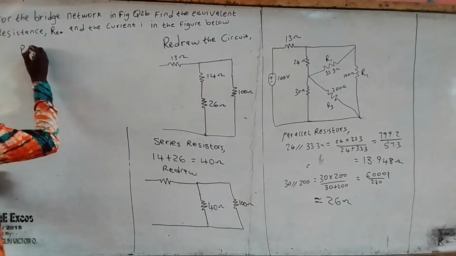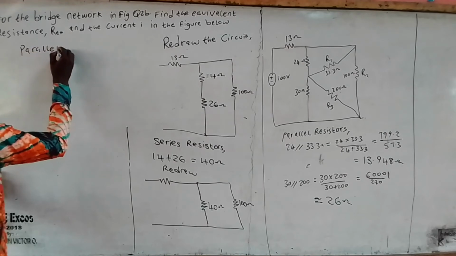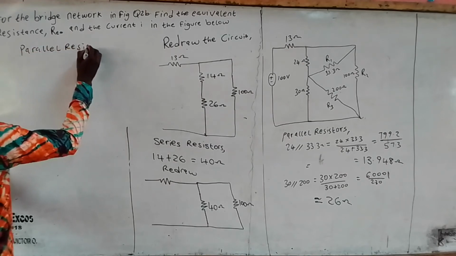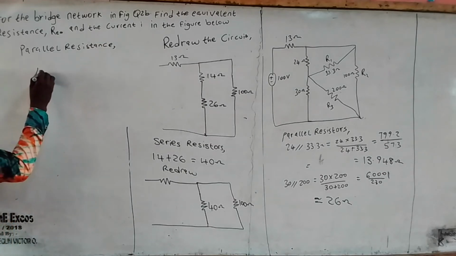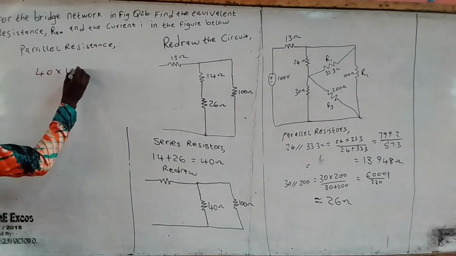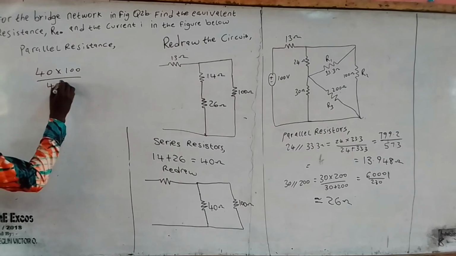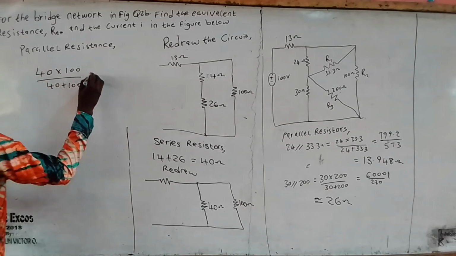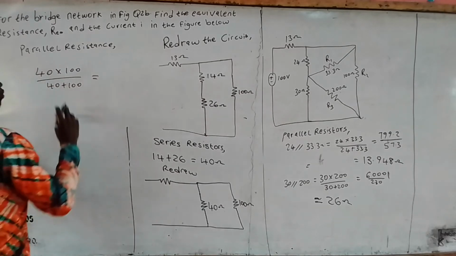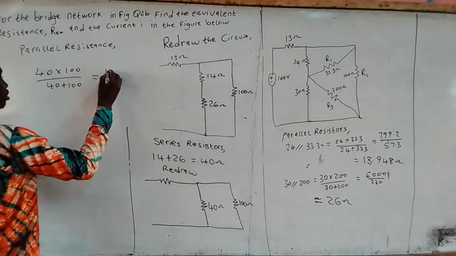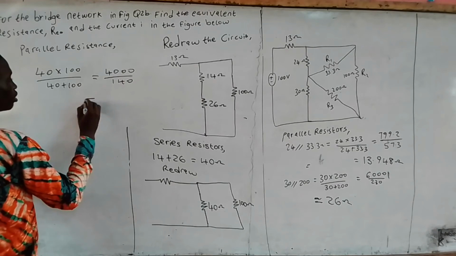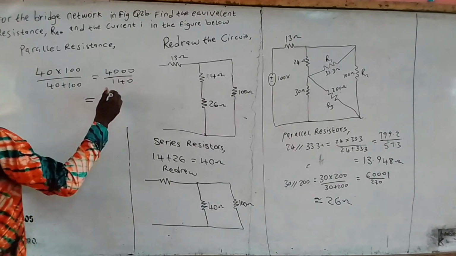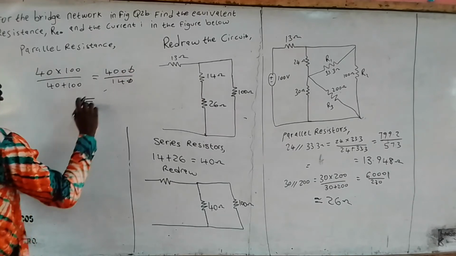So I have parallel resistance again. That's going to be what? 40 times 100 divided by 40 plus 100. So that is going to be 40 times 100, and 4,000 divided by 140. This will cancel this.